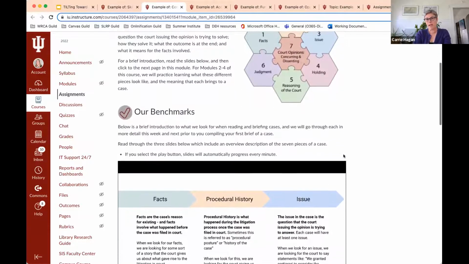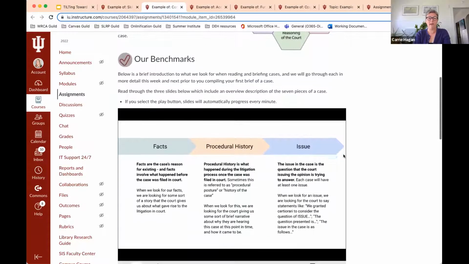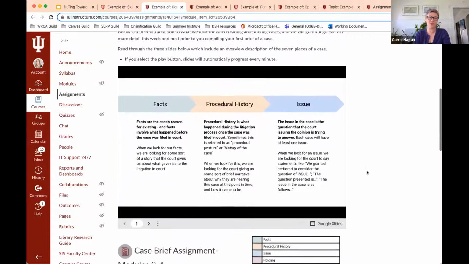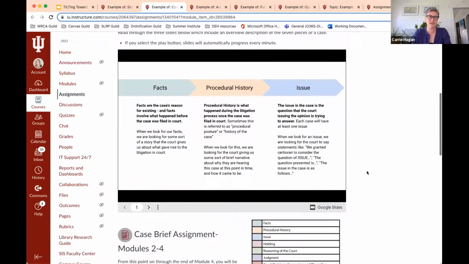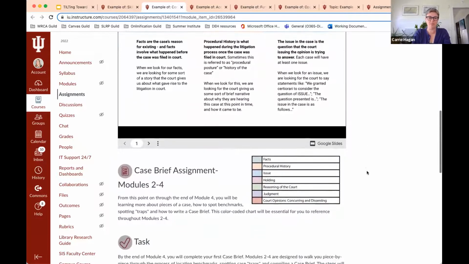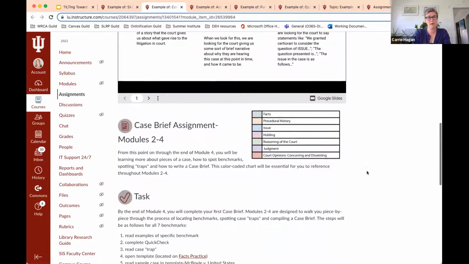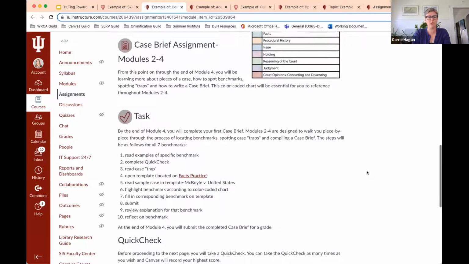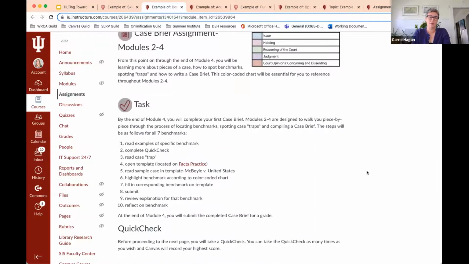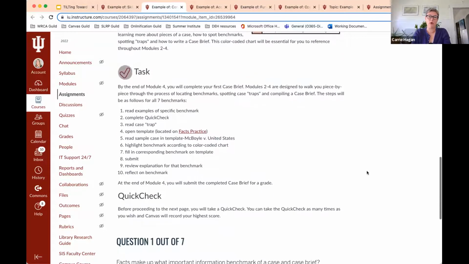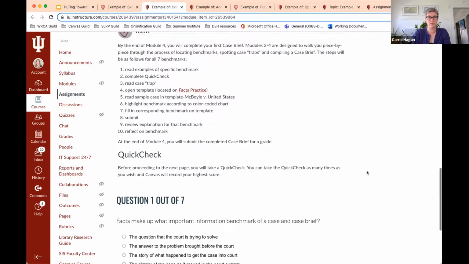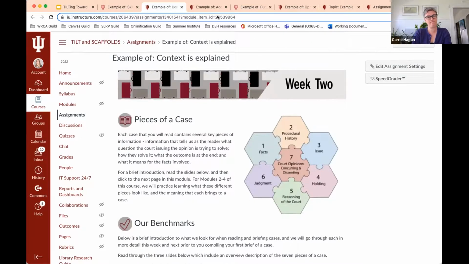We went ahead and put slides in, but we did provide directions on what they needed to do this time so that students actually understood what they needed to do. We then outlined what they were going to be doing, so they had a little bit of time to prepare, and we again implemented a small quiz at the end to make sure they understood what they were trying to do.